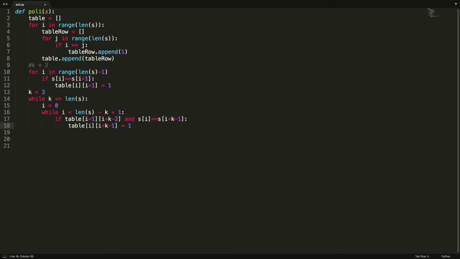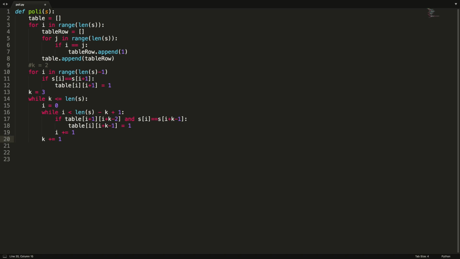So now we move the window. We would move the window to the next k length substring, and also increase the value of k.